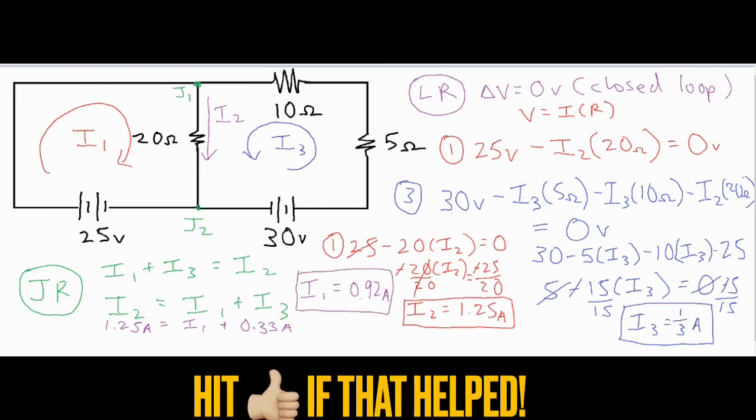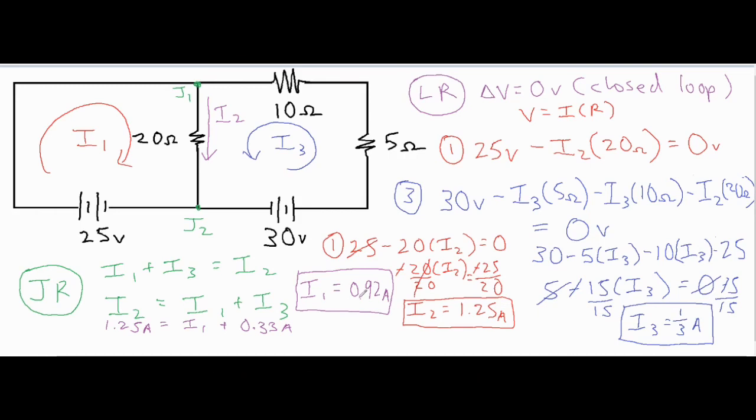Okay. Now, it just so happens, and I actually wasn't sure this was going to happen, that all of my currents came out to be positive. Now the rule is you're kind of guessing which direction they're going initially. You may be right, you may be wrong. And if you happen to be wrong, say for example my I1 happened to be negative, then that would mean that it's going in the exact opposite direction, so it'd be going counterclockwise.